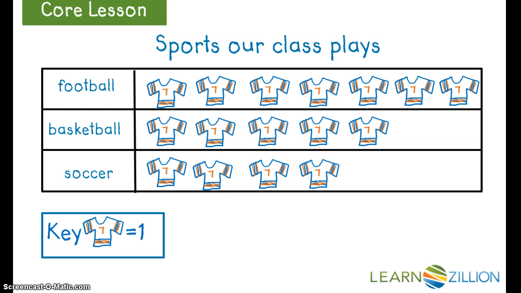We can use our graph and compare data. So here's a question. How many fewer kids play soccer than football? Take a moment and try to solve it on your own.